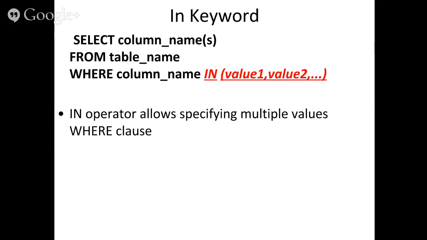The in keyword allows you to compare one value, values in a field, against several other values. It says, here's a column A, and I want to compare that particular value and iterate over all those values.